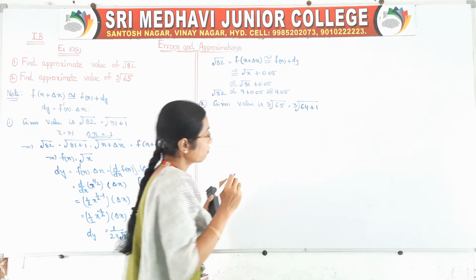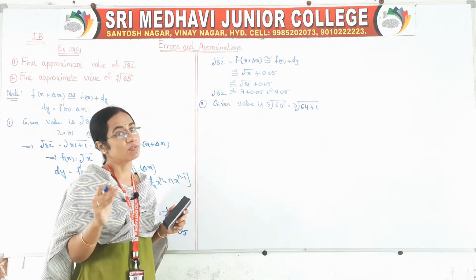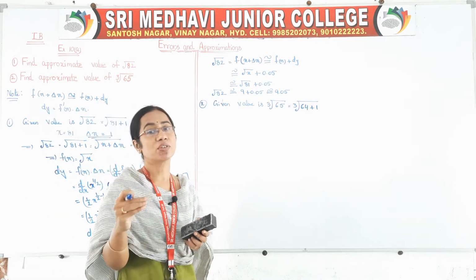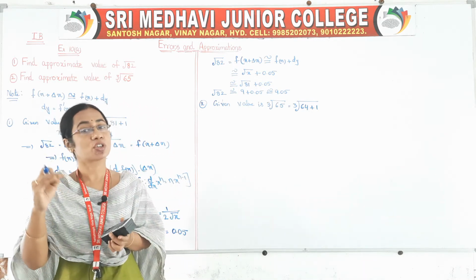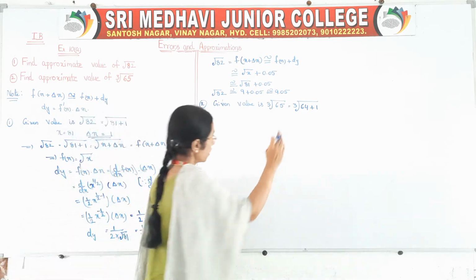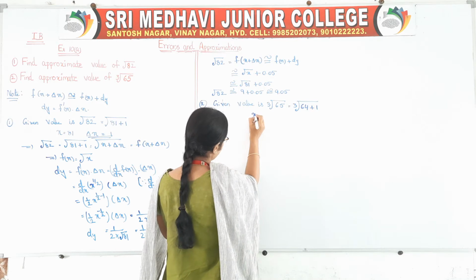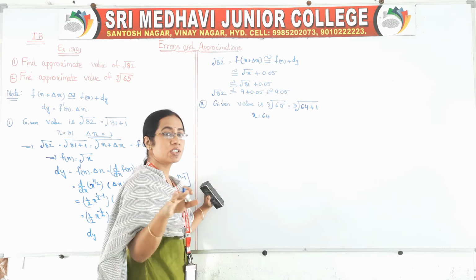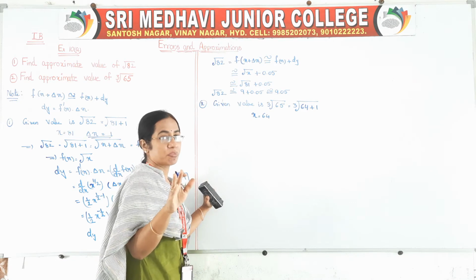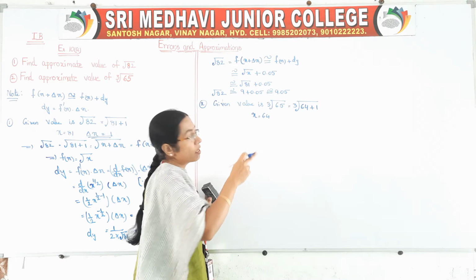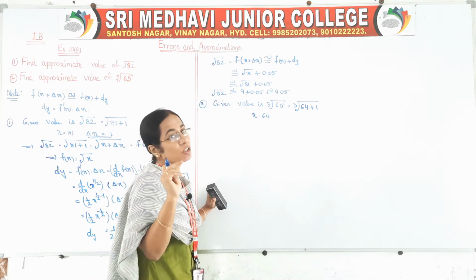We have to take a perfect cube value plus some value. So we take x equal to 64. Then we get the exact cube root value, but because of that 1 we are not getting the exact cube root value.